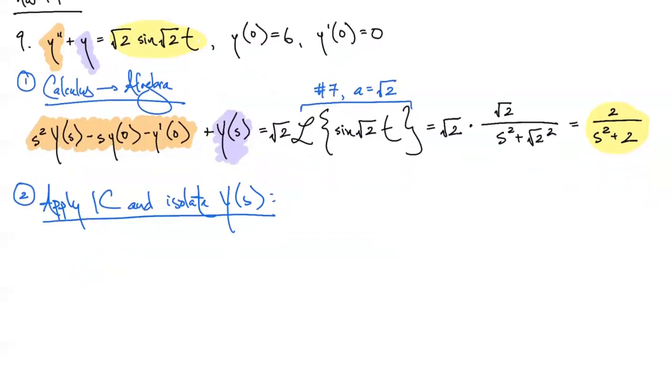All right, so I'm going to group my uppercase Y of s's together. And if I factor that out, what's left inside my brackets or parentheses?